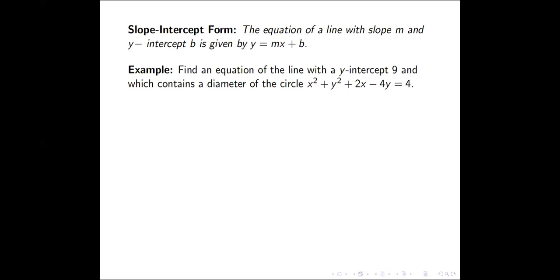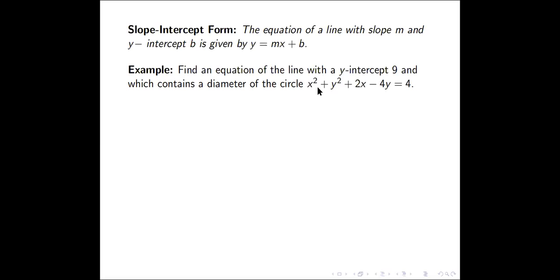In fact, the y-intercept is a point on the line. By the way, the y-intercept is the point where the line intersects the y-axis. So that means it's also a point on the line, and we just need to find one more point on the line. And where do we get that point? Of course, from somewhere here in the given.